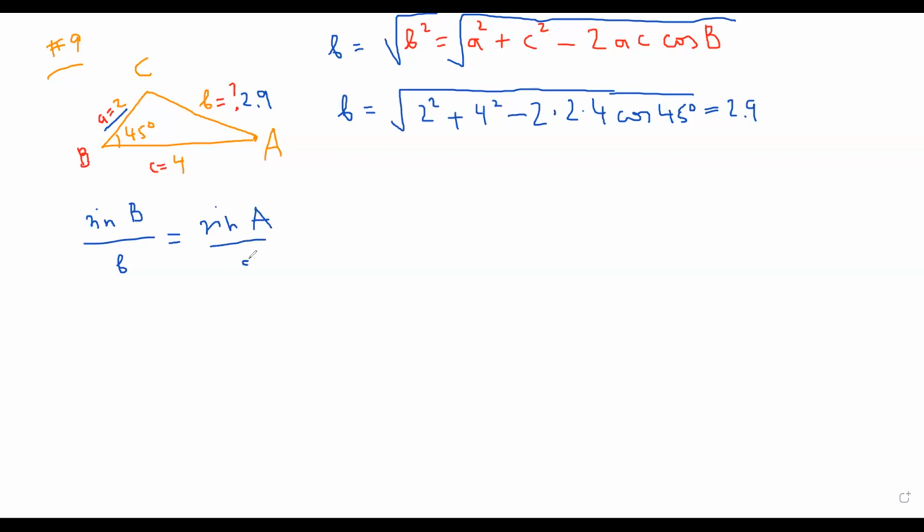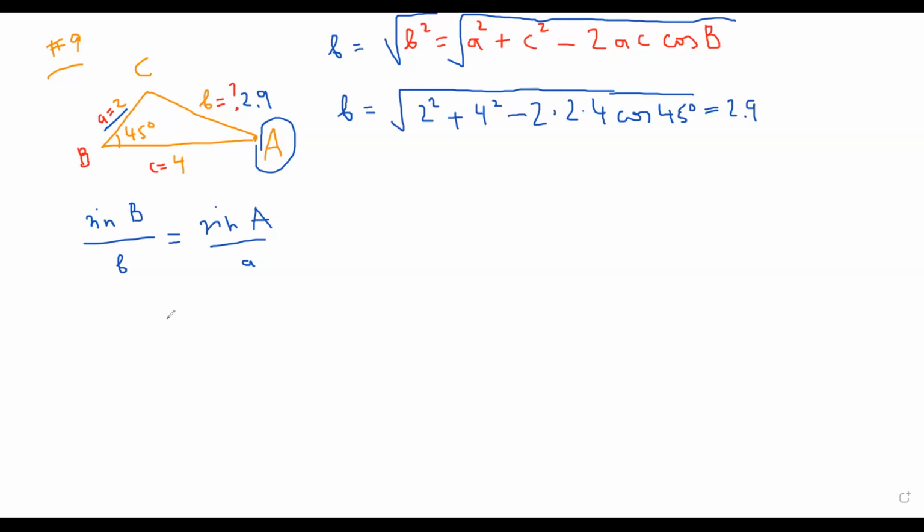Since we have all three sides, I will be able to find the angle A here. Or you could find this angle utilizing law of cosines. So let me find it using law of sines. So we go over what we saw last time in class. And then I'll find the third angle C using this new formula.